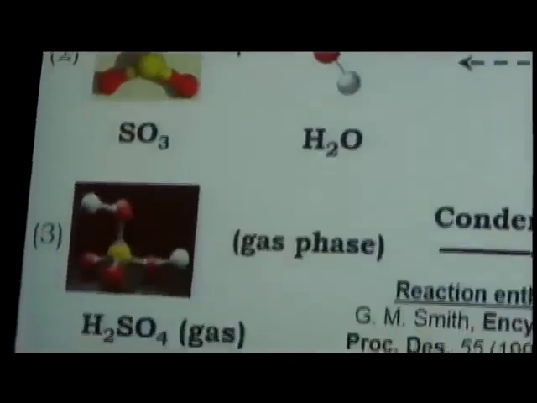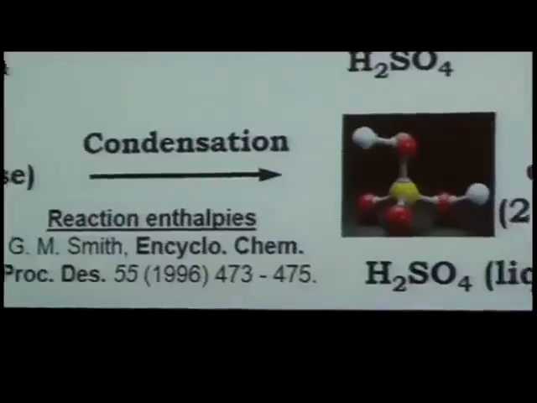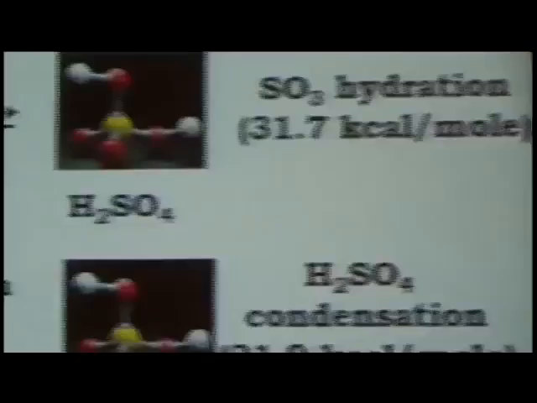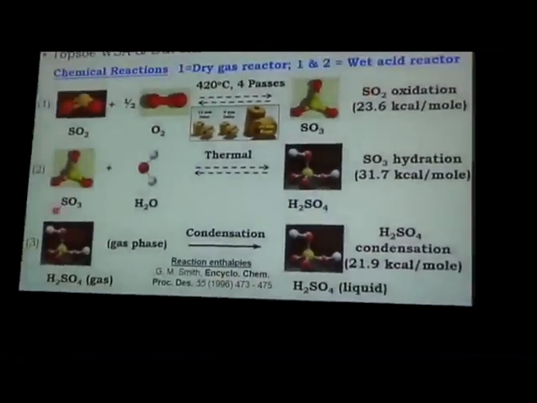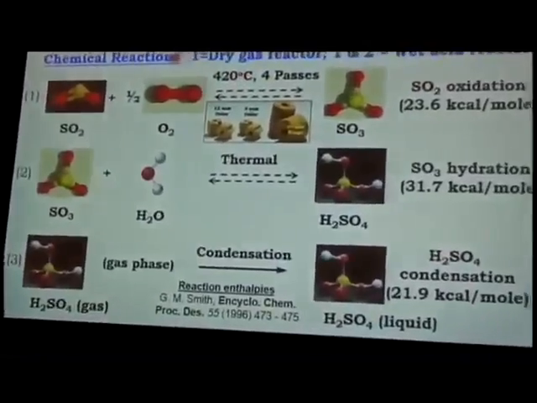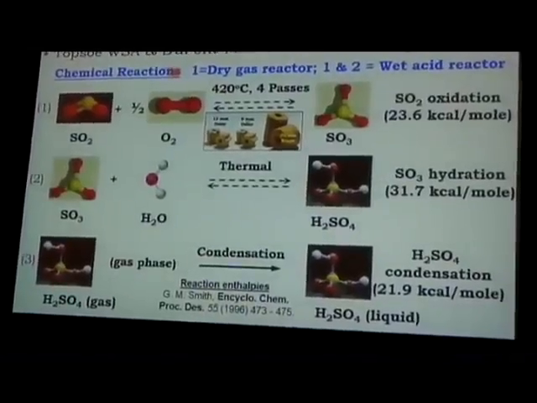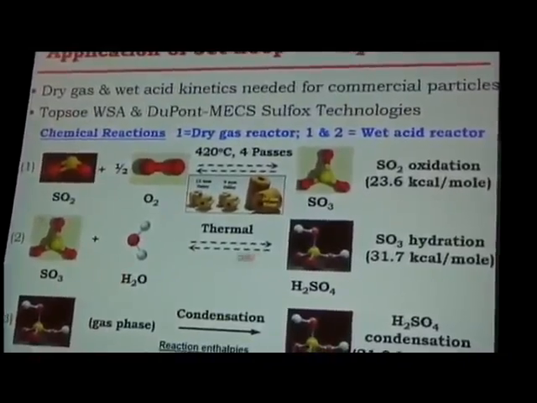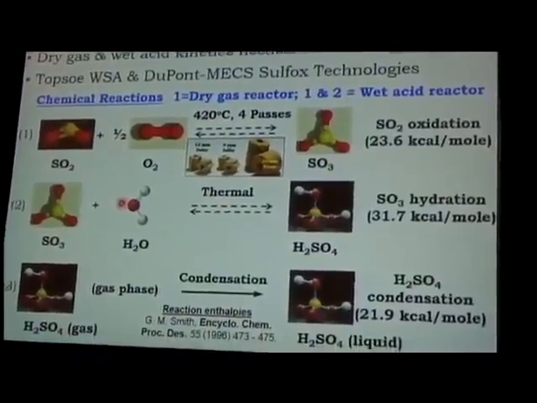So in a typical dry type process, you will run 4 passes of SO2 oxidation to SO3, starting out with an inlet temperature of 420 degrees C or so, and operating that reactor in stages. And like the wet gas process, as practiced by DuPont MECS, Sulfox technology, and also Topsoe's WSA process, water is injected in the stream. So one has a so-called wet gas type of process.